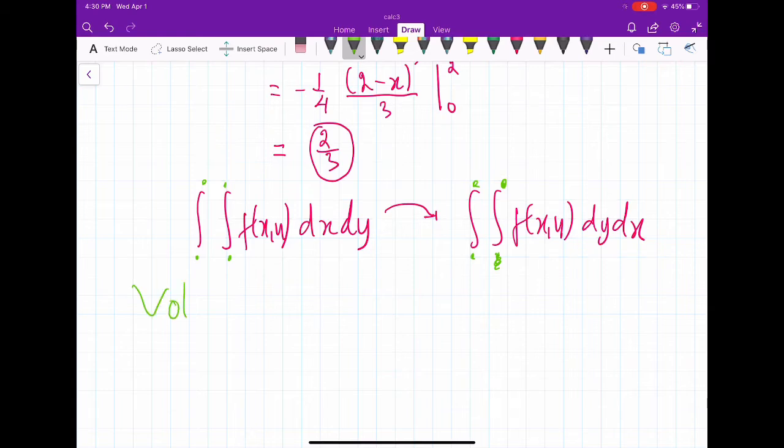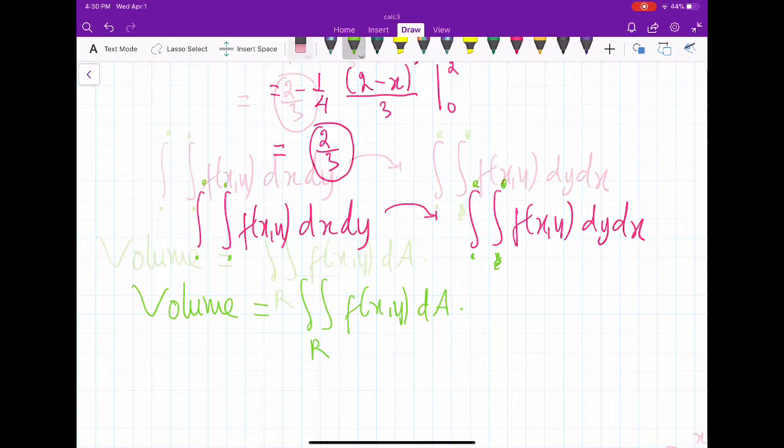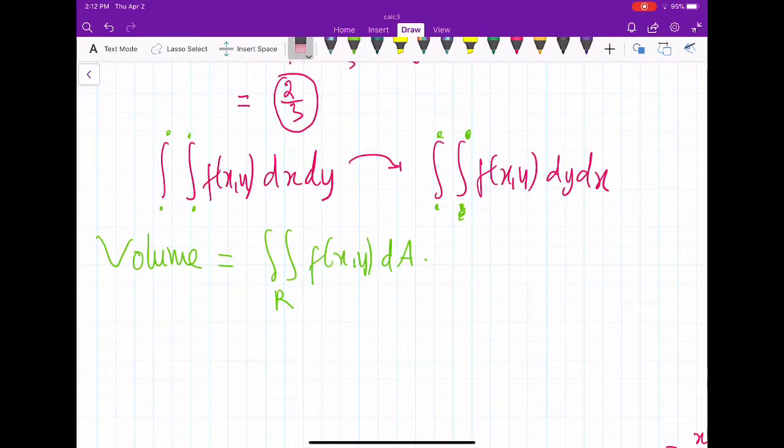So what happened in our situation? We write the volume as the double integral over R of f(x, y) dA. And now, how to attack dA? Remember that the area of each A_i is equal to delta x_i times delta y_i.